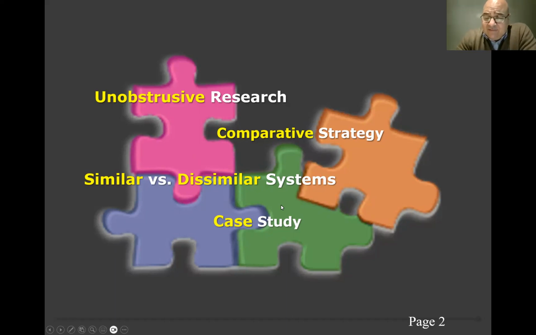Comparative strategy is very important because it's one of the important topics of academic works in Turkey, in political science. Simply, let's start by thinking in that way. We had elections.